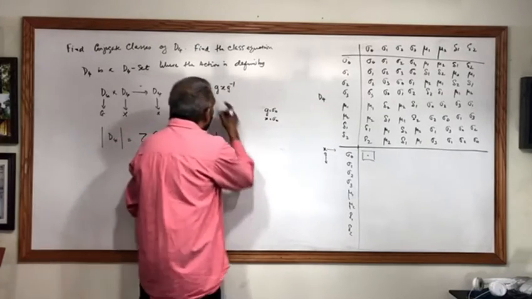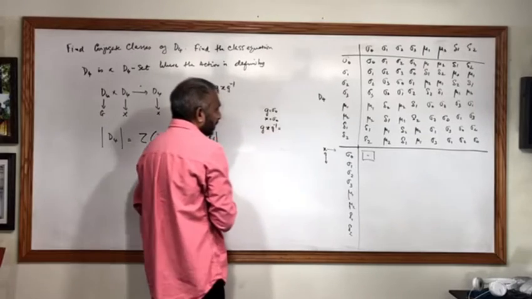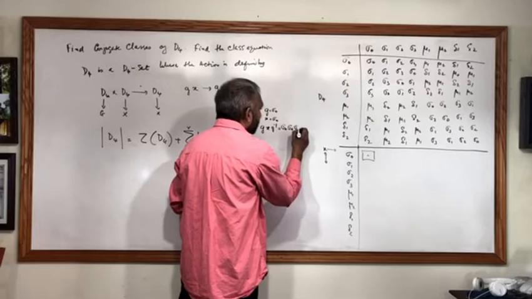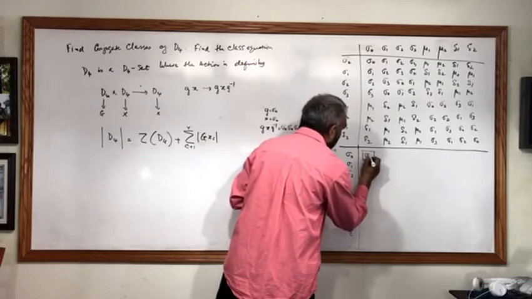And if you compute this one, GXG inverse is equal to sigma 0, sigma 0, sigma 0 inverse, and that is equal to sigma 0, and that is here.